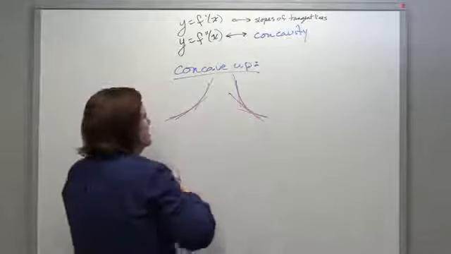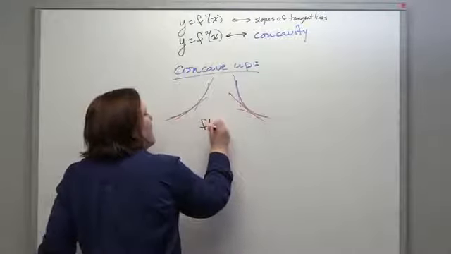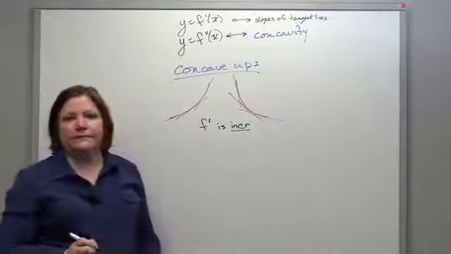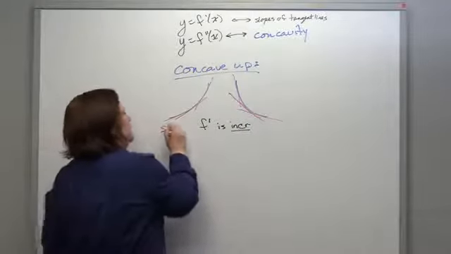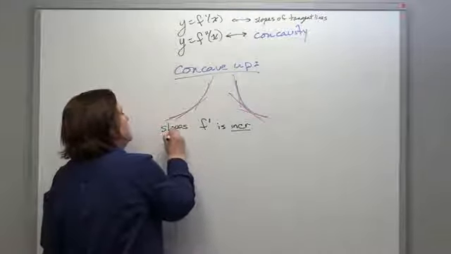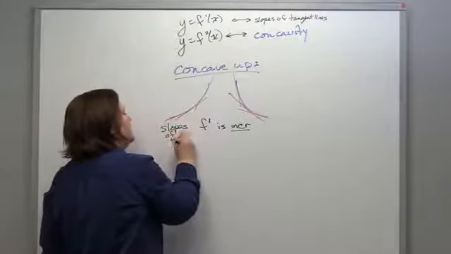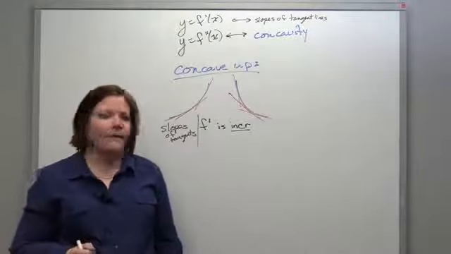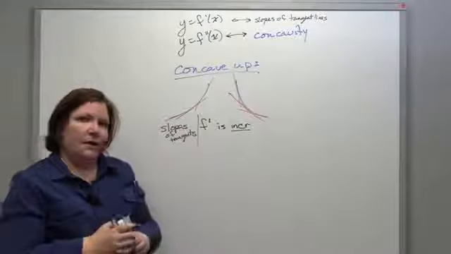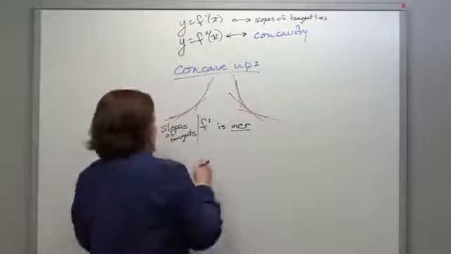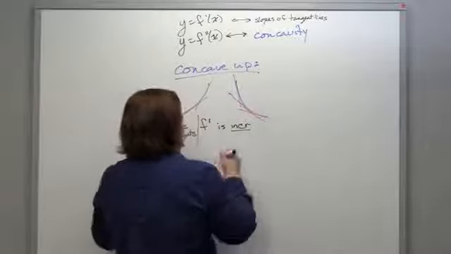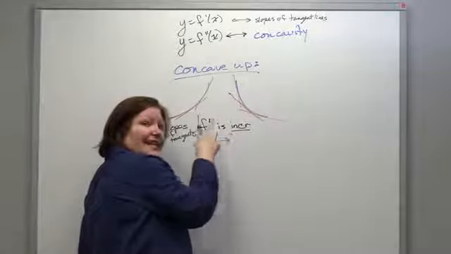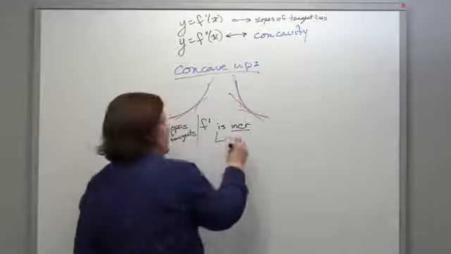And in both of these instances, f prime is increasing. Our slopes of tangent lines, which is f prime, is increasing. So that tells us that when something is increasing, its derivative is positive.